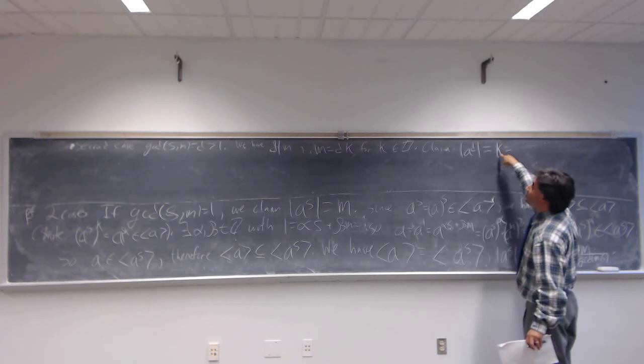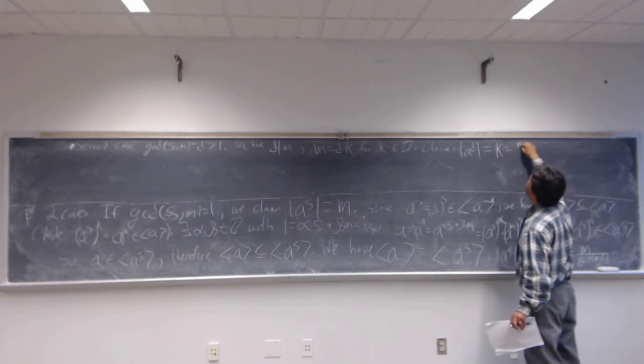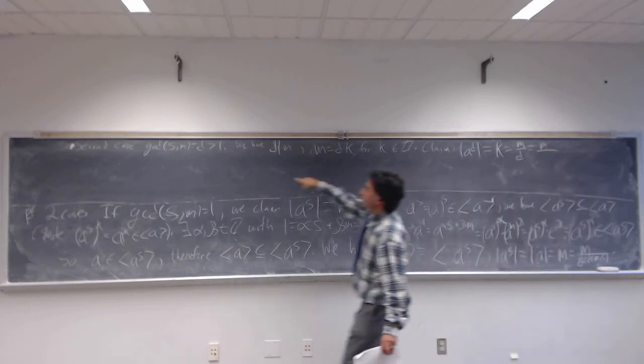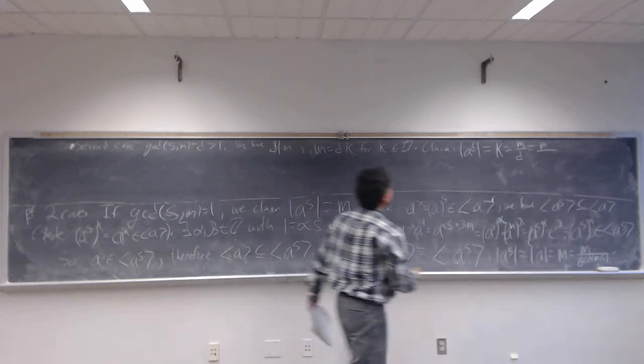Well, that's what I want, because what is K? K is equal to M divided by D, but what is D? D is the greatest common divisor of S and M.